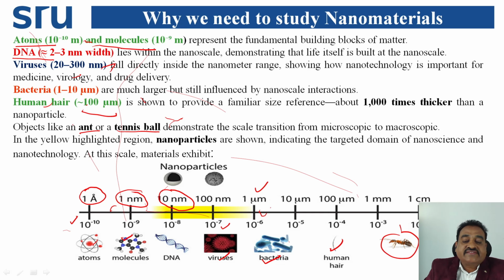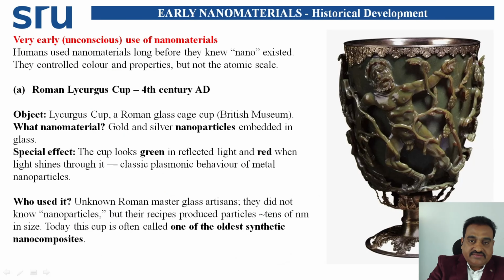DNA, virus, and proteins all lie in the nanoscale range. Even life itself is built at the nanoscale. When materials shrink to this size, they behave very differently compared to bulk materials.